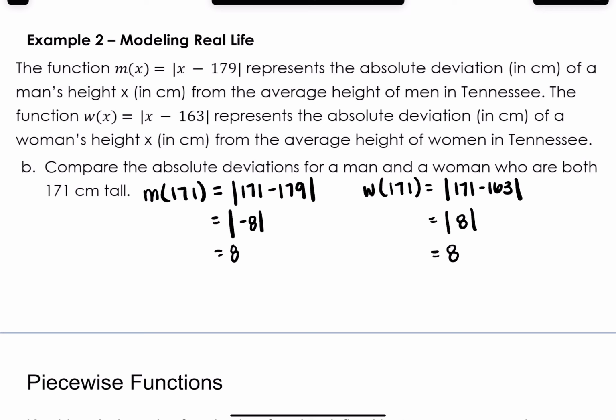So my absolute deviations for a man and woman who are both 171 centimeters tall, they're both 8 centimeters off of the average. So again, they are both 8 centimeters away from the average height of their gender.